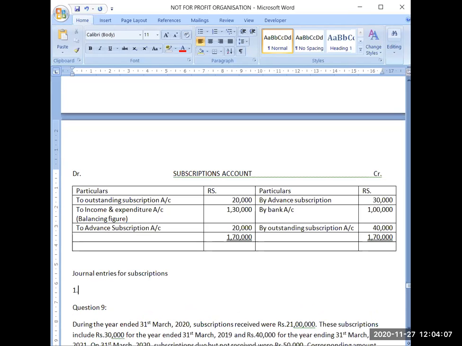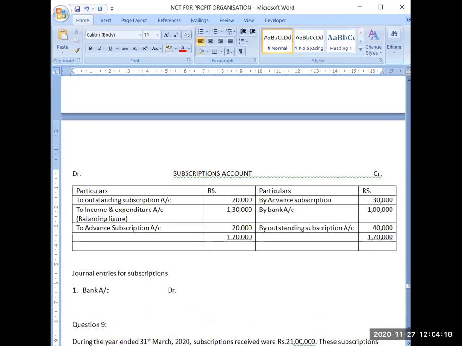First journal entry for subscription is bank account debit to subscription account. This is the first journal entry.